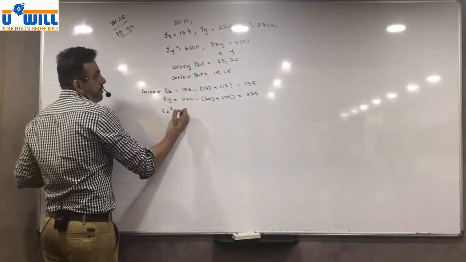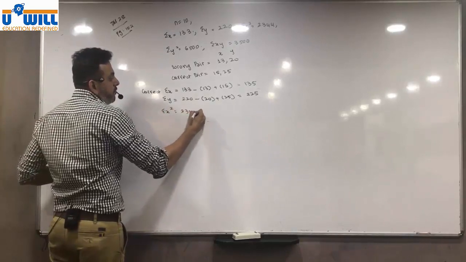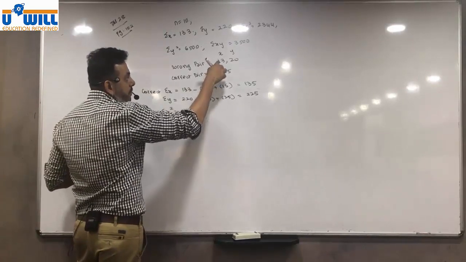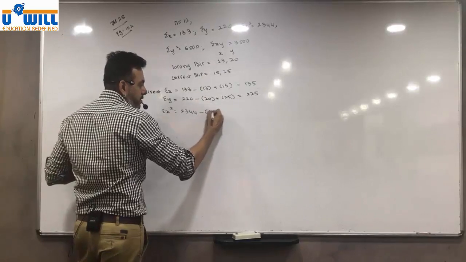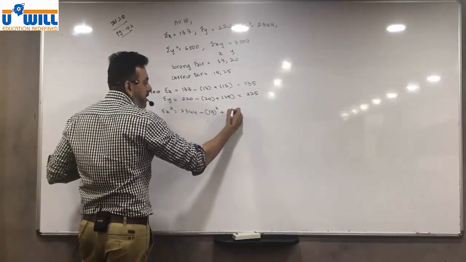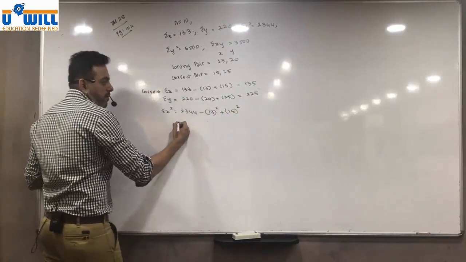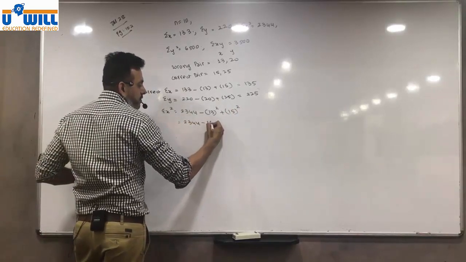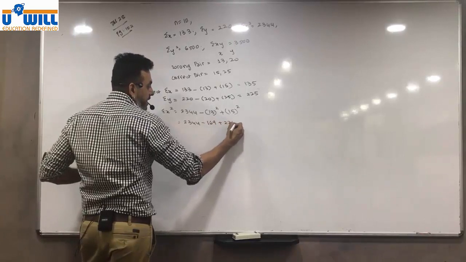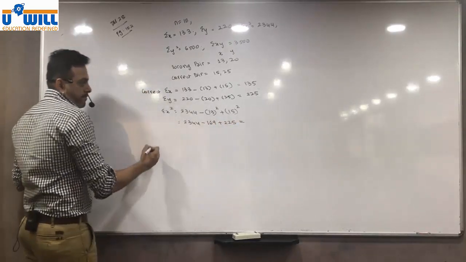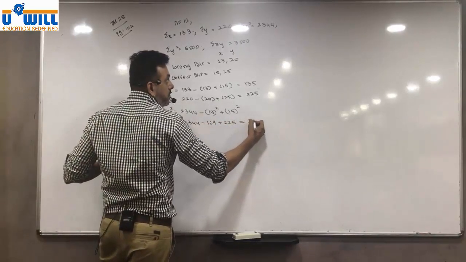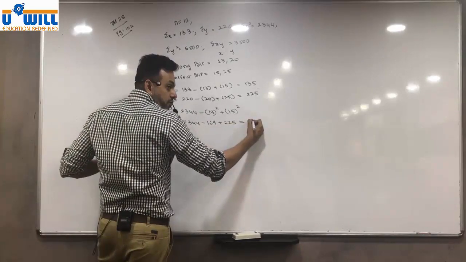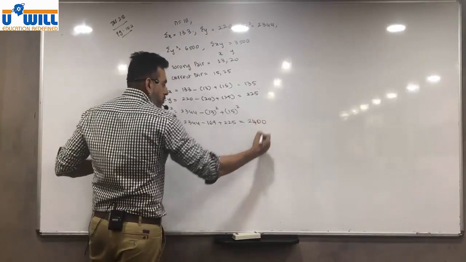Sigma x square. Now from 2344, the wrong pair 13 square will be subtracted and plus 15 square, equal to 2344 minus 169 plus 225, which is 2400.